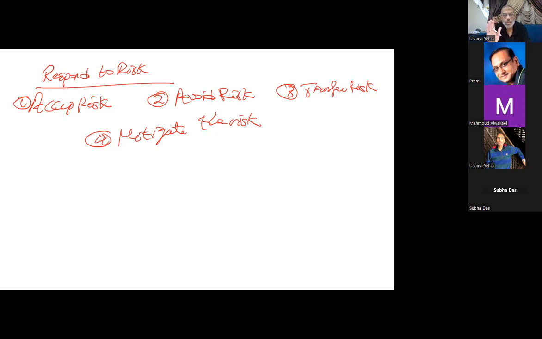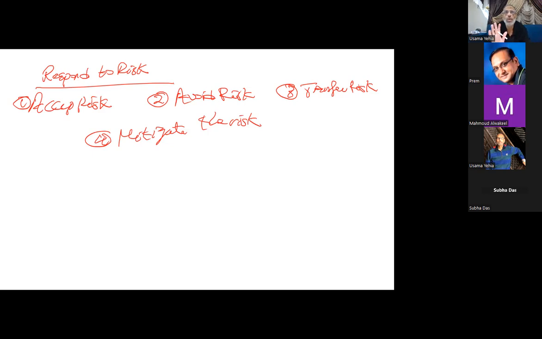What is avoiding the risk? Avoiding the risk means that I will not allow the source of the risk. I will cancel the source of the risk. I have an application and I want to publish it over the internet, and this will create risks and so on. Then, sorry, I will not publish it over the internet.